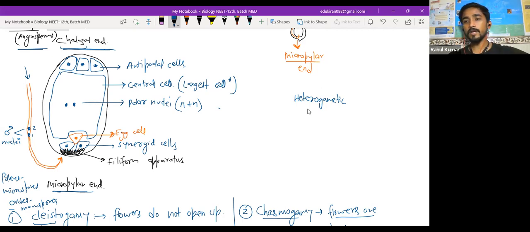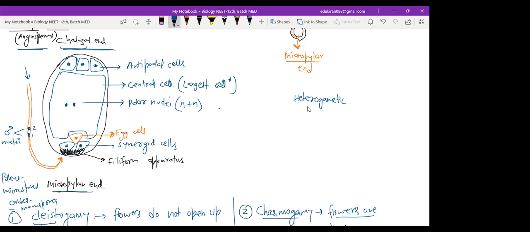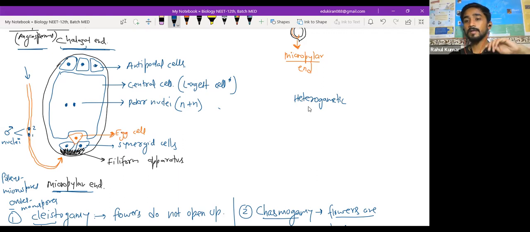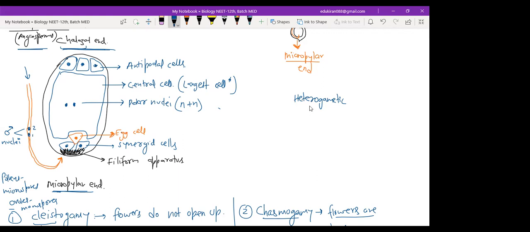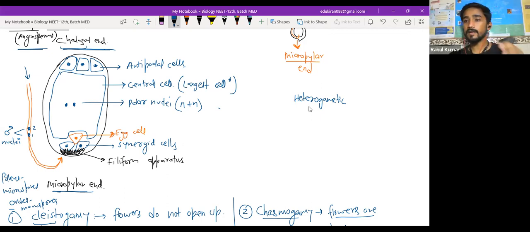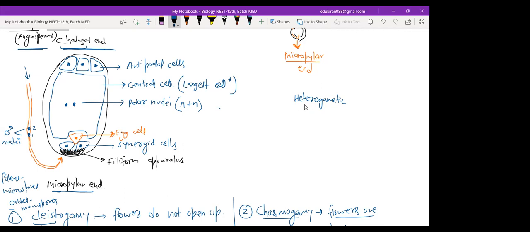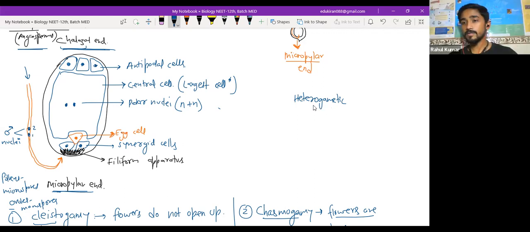But if you try to dissolve sand in water, it will not get dissolved. It will just sediment after some time. So that is called a heterogeneous mixture. Or oil in water, it will never mix. But milk in water will get mixed. So heterogametic is like a heterogeneous mixture.